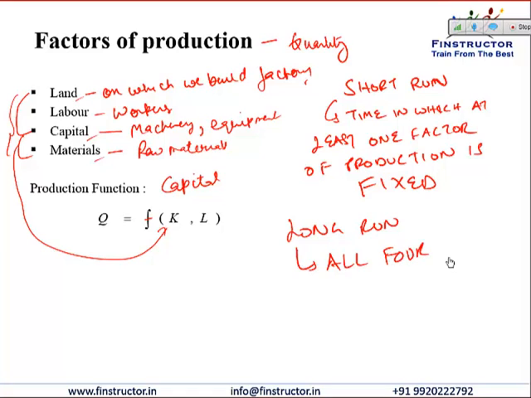All four factors of production are variable. That is, you can increase the land also. In the long run, you can put up more capital, you can source more materials, you can hire more labor. But in the short run, you cannot immediately do that. Or at least one of the things. In the short run, you cannot just increase the land, or you cannot increase labor, or you cannot increase the machines, or you cannot immediately source more material. So remember, in short run, we define in economics as a time in which at least one factor of production is fixed.